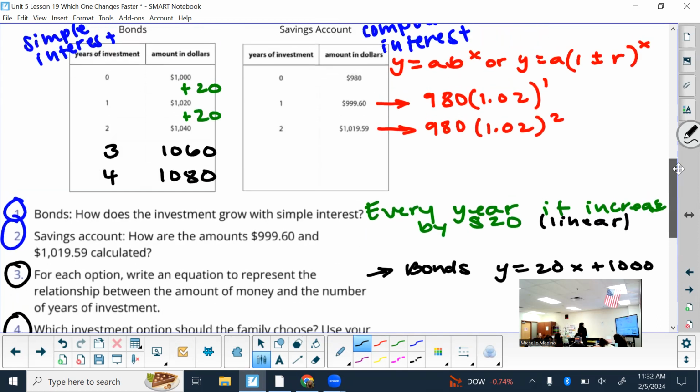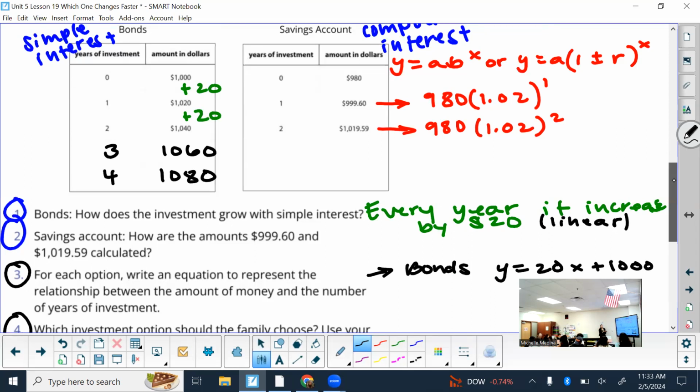M would normally be your slope or average rate of change. It's changing by plus 20 each time, so it should be a positive 20, that's good, times the x being number of years. And the y-intercept, the b, is whenever x is 0, so that's perfect. You should be able to do that on your constructed response as well.